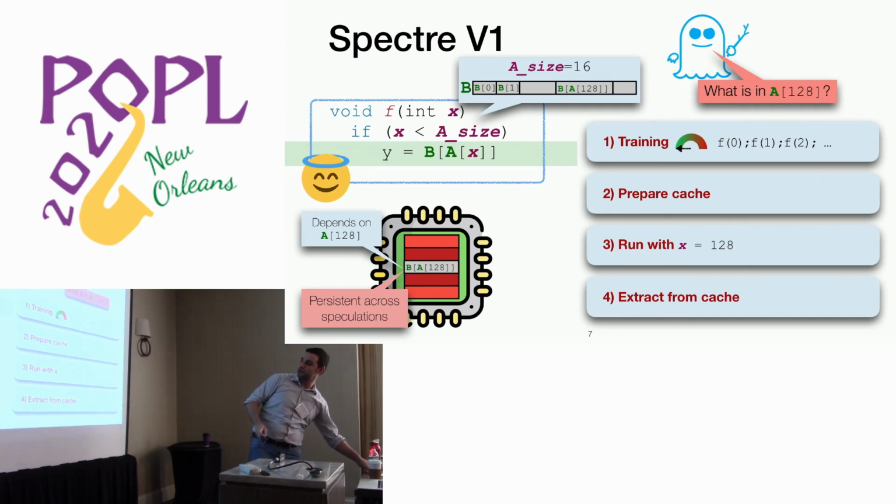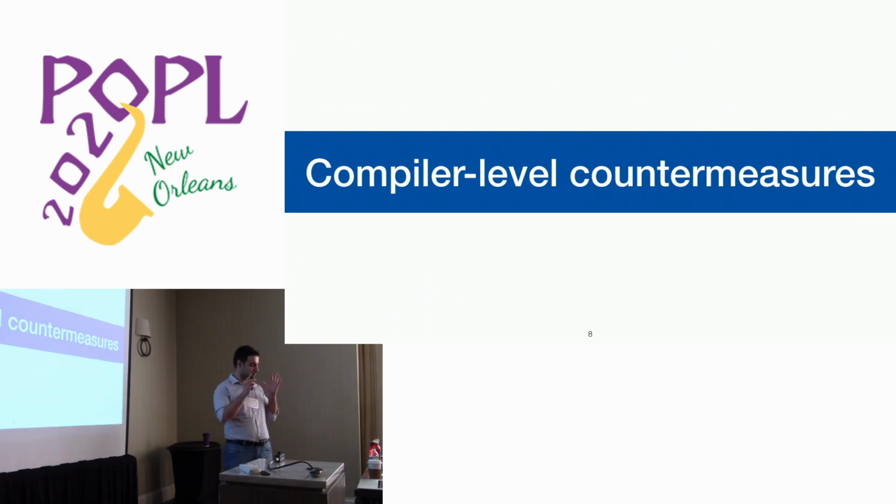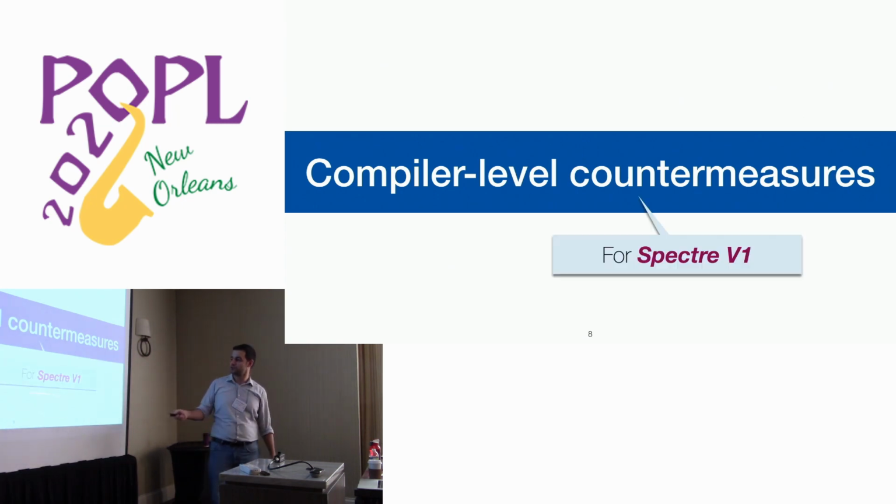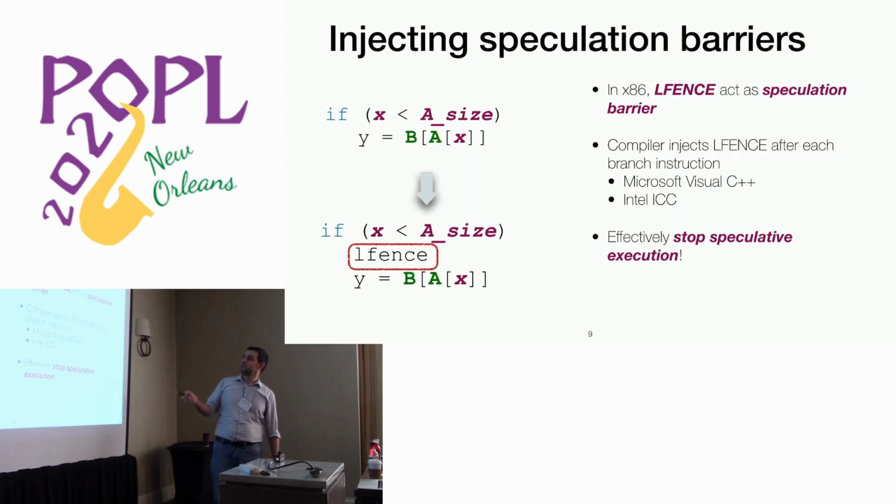So, as I said before, we have compiler-level countermeasures, and in particular, there are two main countermeasures adopted by current compilers for Spectre V1. The first one is the injection of speculation barriers. In x86, the lfence command acts as a speculation barrier, so speculative execution doesn't proceed after lfences.